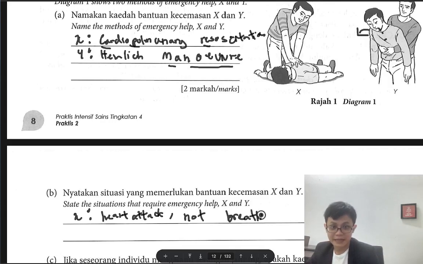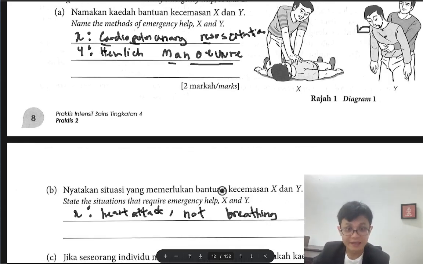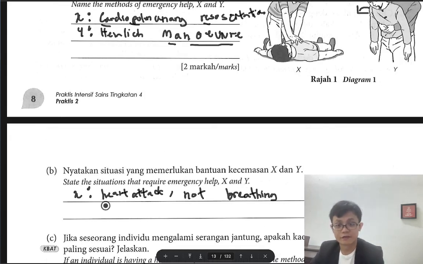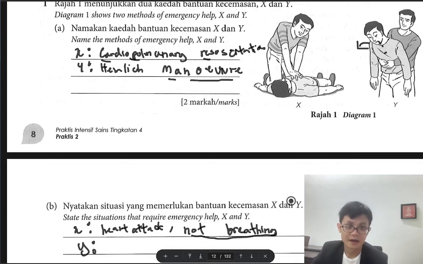Because some people who have a heart attack might still be breathing. That's why I say not breathing, for CPR. It could be due to heart attack, electrical shock, accident, and so on.